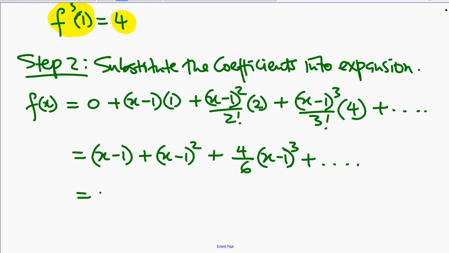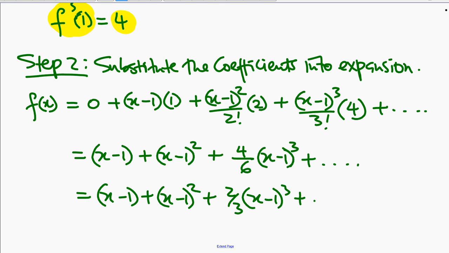We can simplify this to x minus 1 plus x minus 1 squared plus 2 over 3 into x minus 1 cubed.